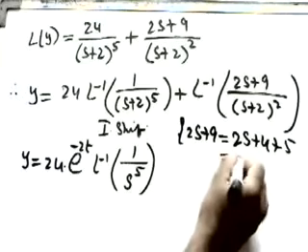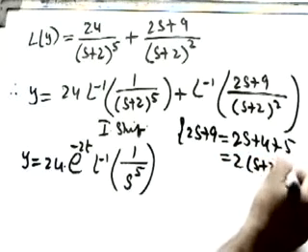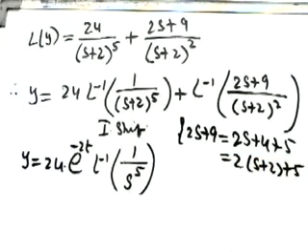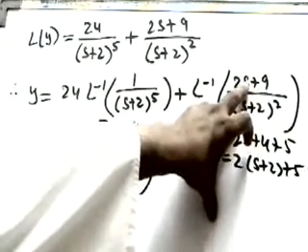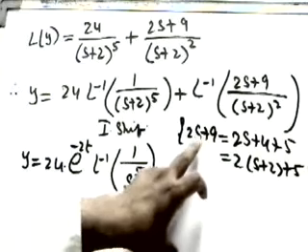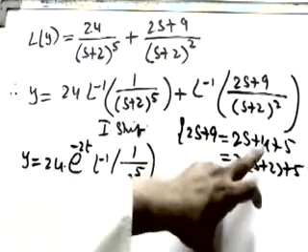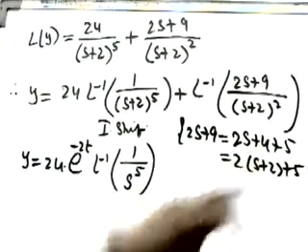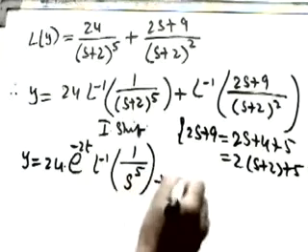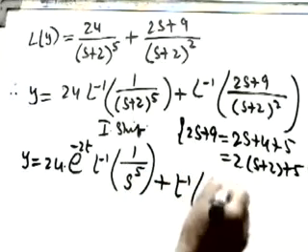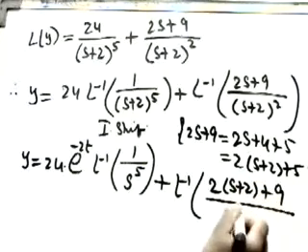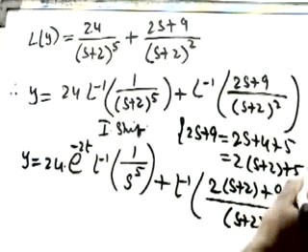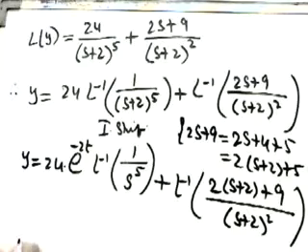If you take 2 common, it becomes s plus 2. So this will be Laplace inverse of 2 into (s plus 2) plus 5 divided by (s plus 2) whole square.